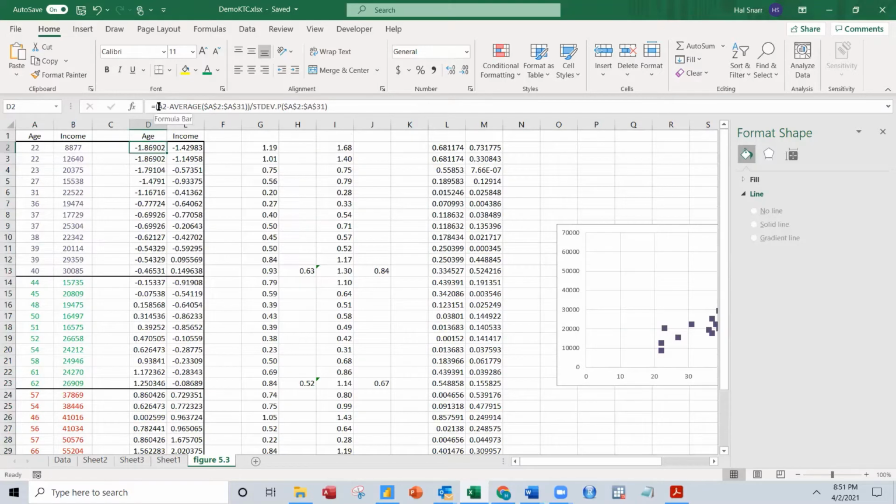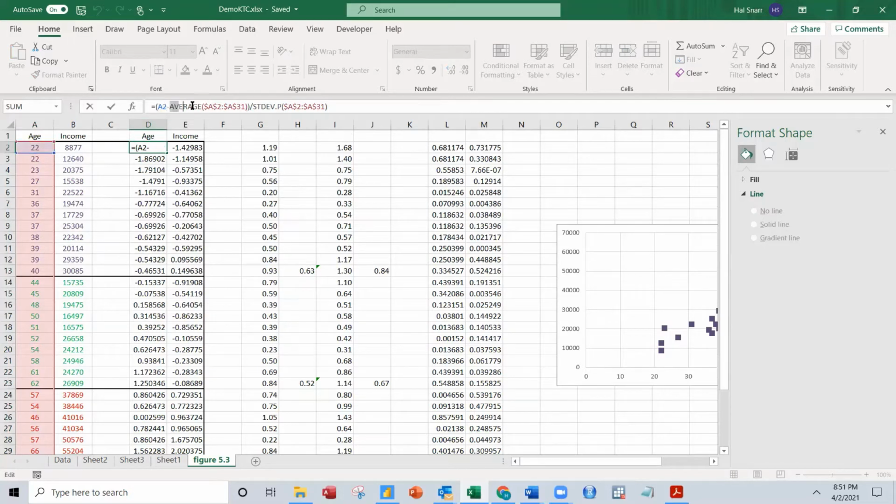So what are we doing here? We're taking that observation 22 and we're subtracting off the average, right? And the average has units of years. Years minus years is years. The standard deviation has what units here?